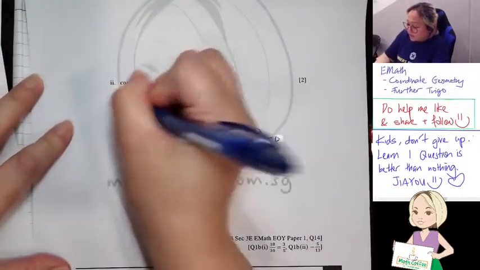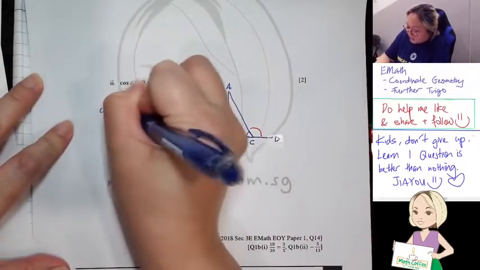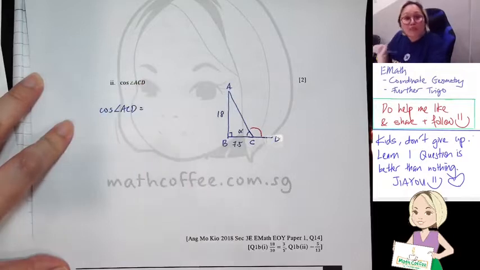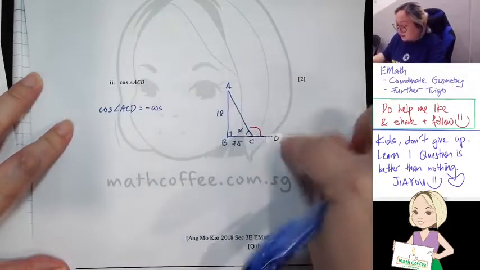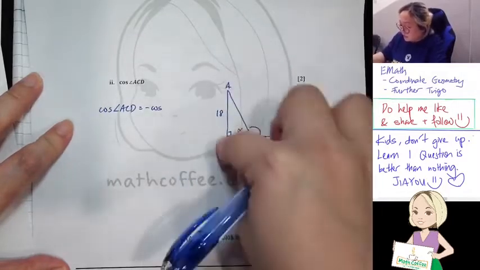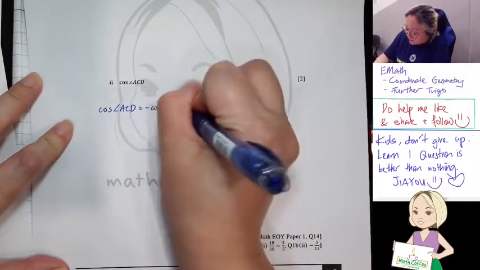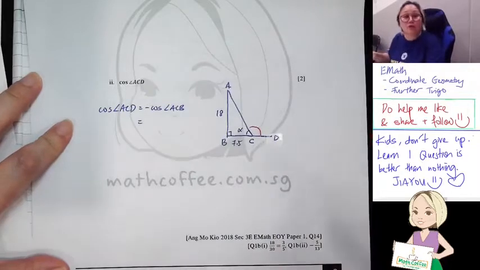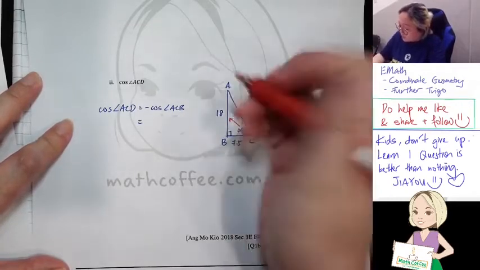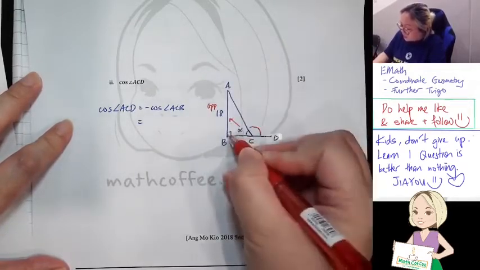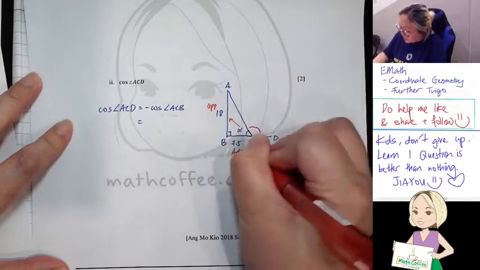So I will say cosine angle ACD equals negative cosine of angle ACB. So again, you have to know where is the opposite, adjacent, and hypotenuse. This is your angle reference, this is my opposite, 90 degrees, adjacent, and then hypotenuse.